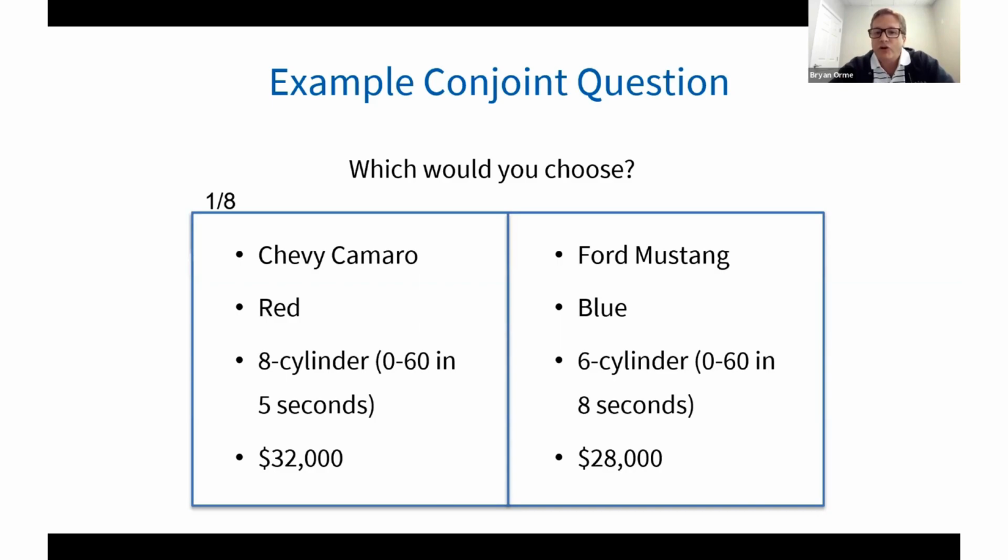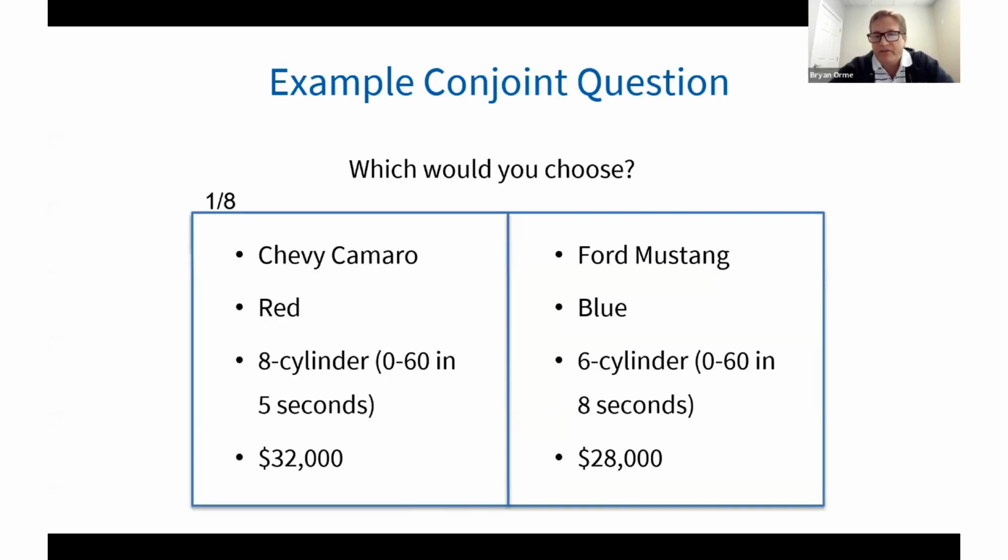By showing realistic situations to people and asking which they would choose, and by varying the features and levels systematically so it's a balanced, fair experiment, we can tease out statistically which features appear to be driving people's choice and how important each of those attributes or features are.